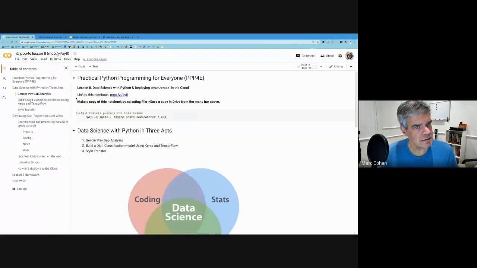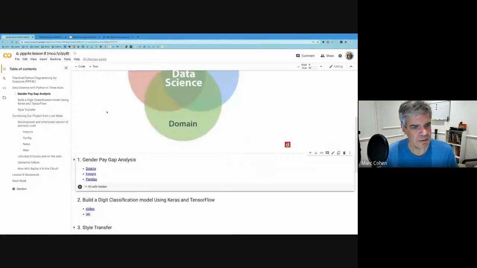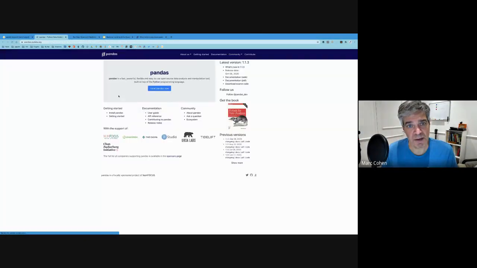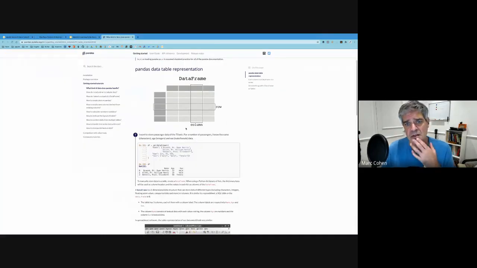So that's where I got the notebook I'm going to work through with you right now on gender pay gap analysis. It's going to use this library I just mentioned called Pandas. What Pandas basically gives you is the ability to create Python data structures that operate like a spreadsheet, that have columns and rows, and you can refer to the columns and the rows by number and name.